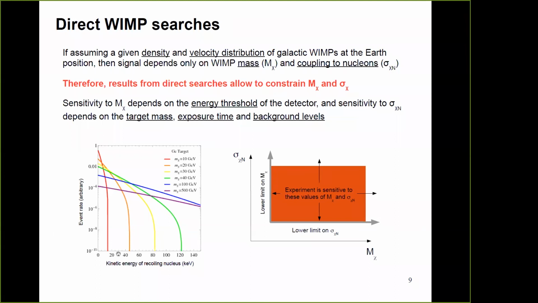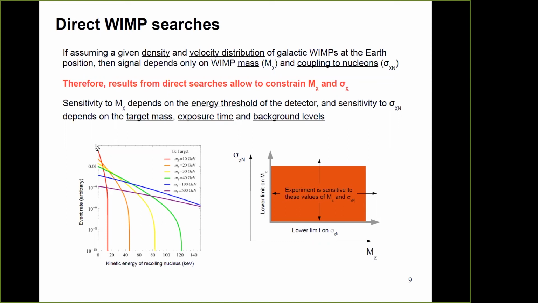I'm going to explain that a bit more in this plot. So this is a plot of the expected energy spectrum of a recoiling nucleus, in this case in a germanium target. So this is the energy that a germanium nucleus would have for different WIMP masses.